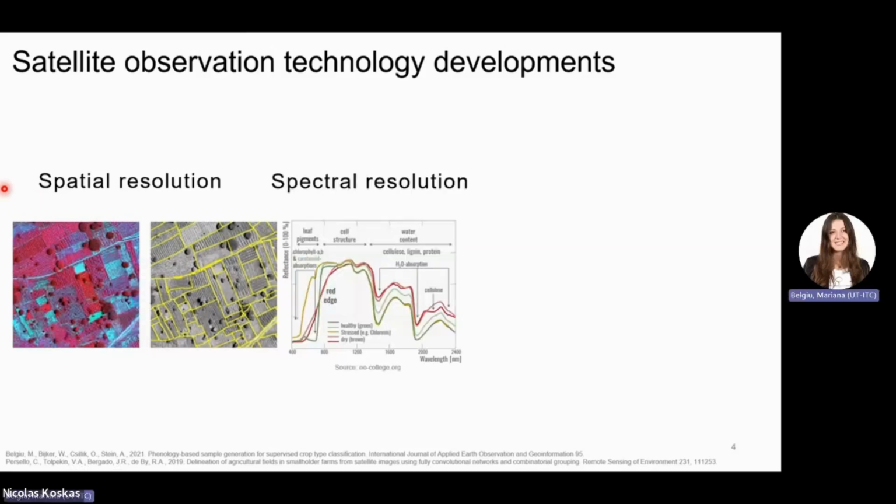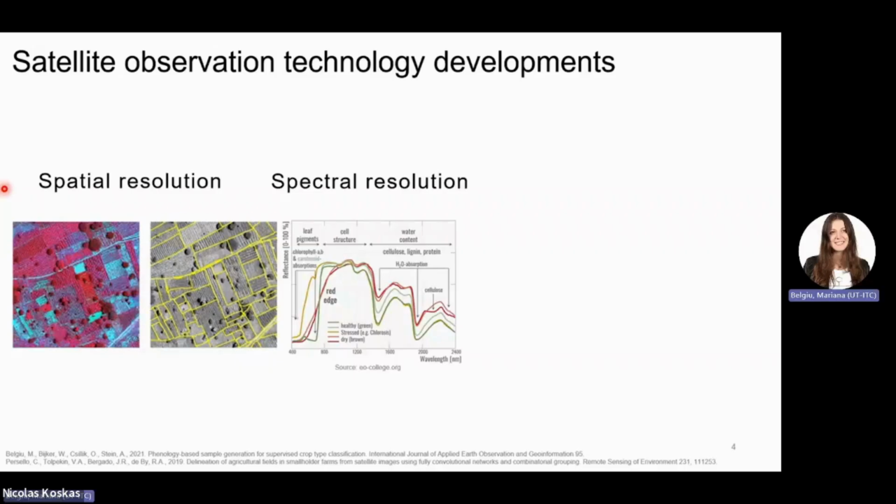We have also an important development when it comes to the so-called spectral resolution. Higher spectral resolution captures detailed information about how plants reflect light across wavelengths, revealing their biochemical properties. For example, with our smartphones, we can take pictures in the RGB, red, green, and blue.